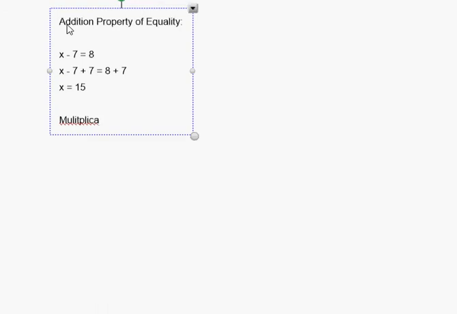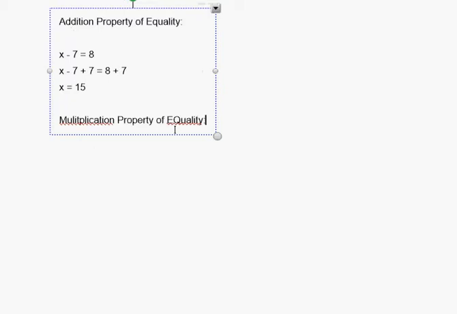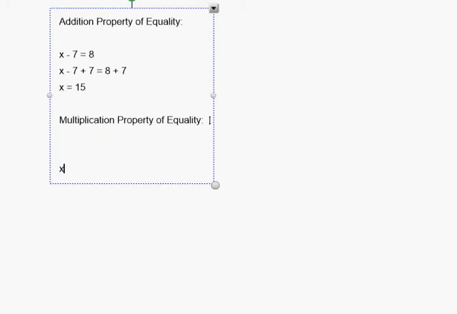And then we have what is called the multiplication property of equality. This is where we multiply both sides of the equation by the same number to help us solve the equation. So, for instance, suppose we have x divided by 2 equals 3.